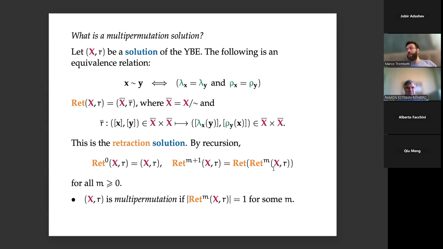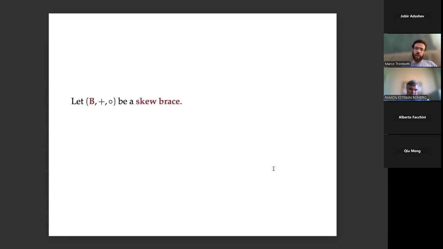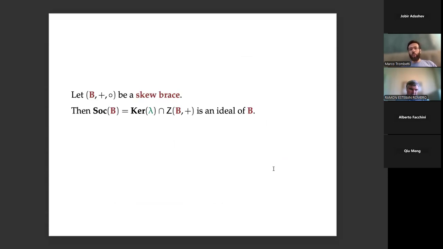And let's think about what they correspond to in terms of skew braces. Well, in order to understand this, let's take again a skew brace, and we need to identify some substructures as I was telling you. And in this case, we get this thing here, which is named the socle of the skew brace.